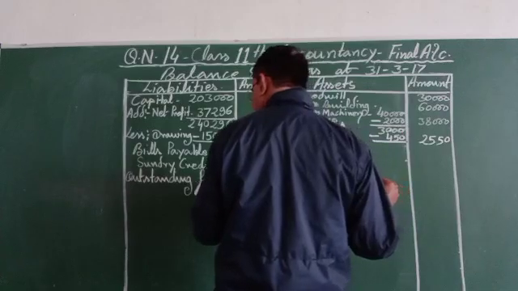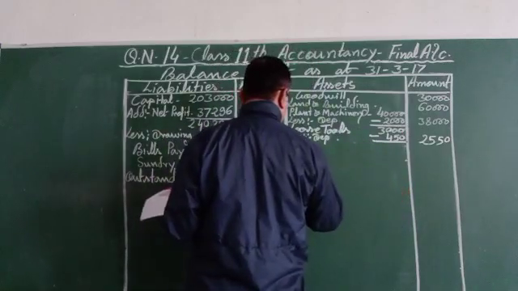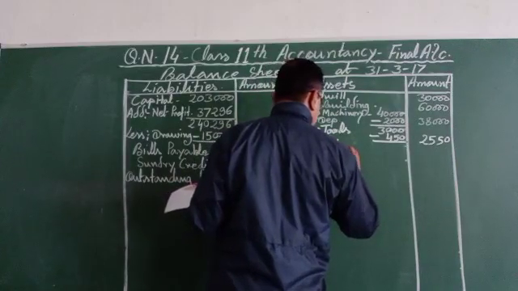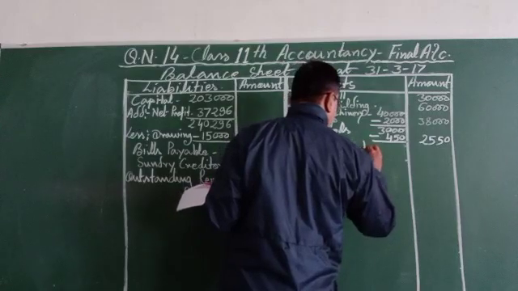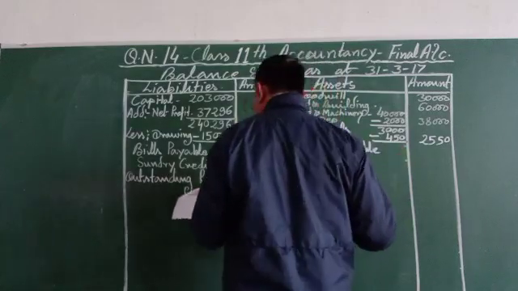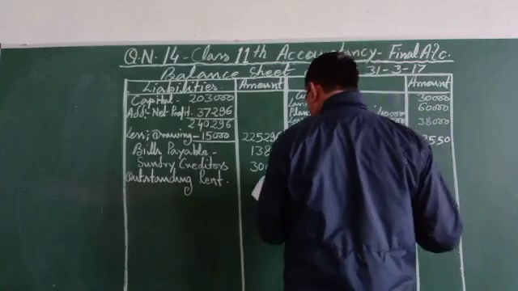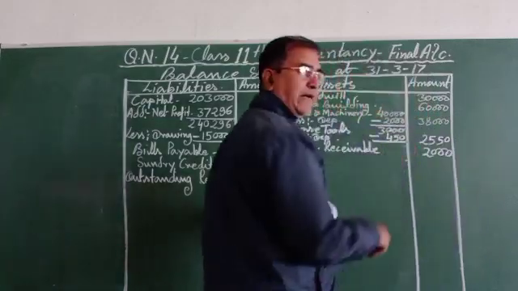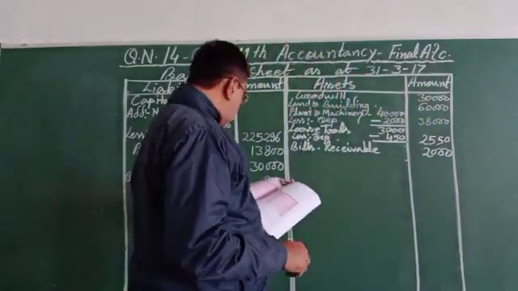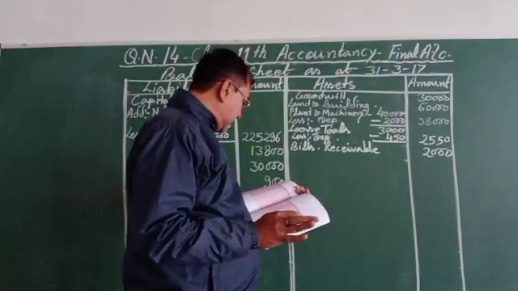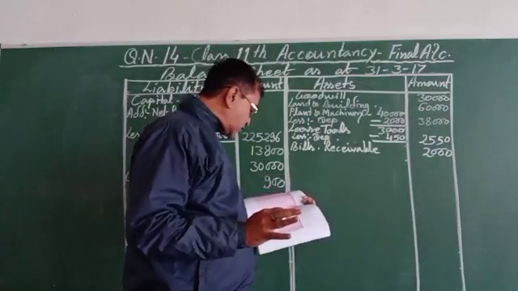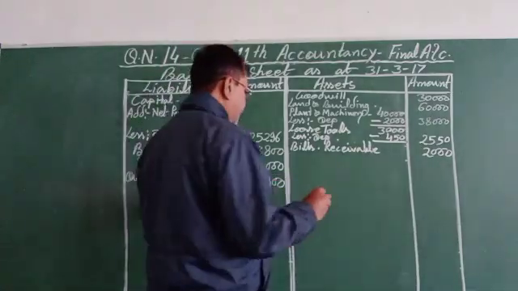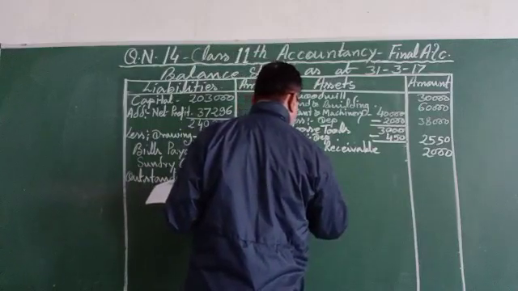Bills receivable, that is given in the assets: bills receivable 2,000. Then stock, purchase, wages, carriage inwards, coal and gas, salaries, rent, discount allowed, and cash at bank.